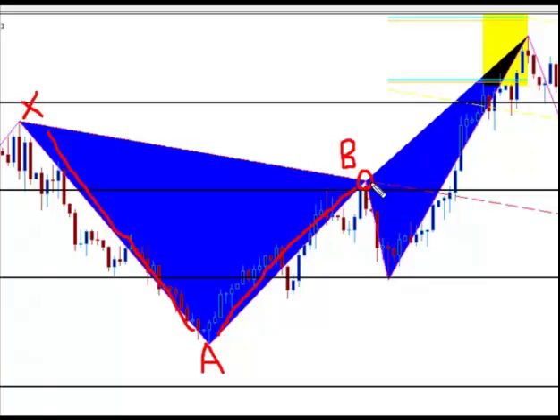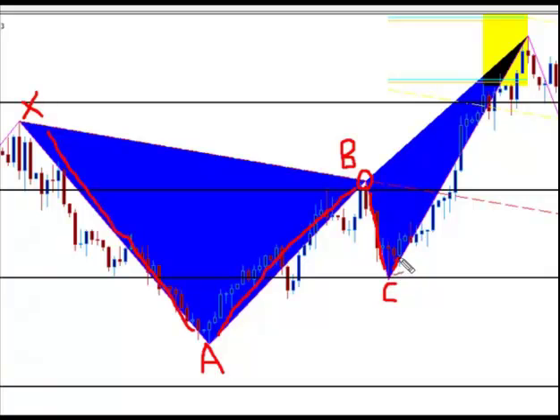After the B point, which is essentially a fib retracement of the XA leg, we're going to make another downward movement, which is going to be quite small in comparison to the XA leg, but is a retracement of the AB leg, okay? And this point right here is going to be our C point.